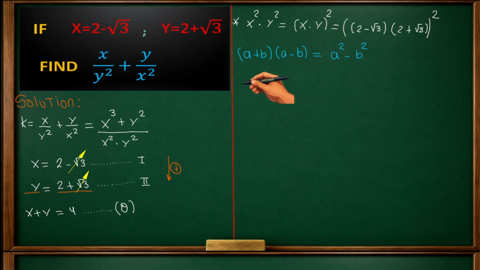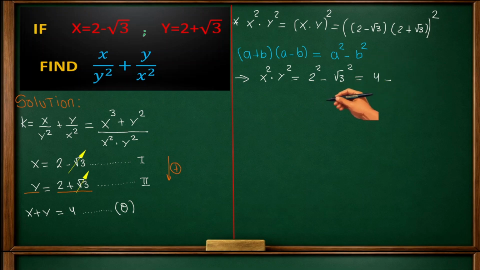Then x squared times y squared equals: multiply 2 minus square root 3 times 2 plus square root 3, which is 2 squared minus square root 3 squared, 4 minus 3, which is 1.